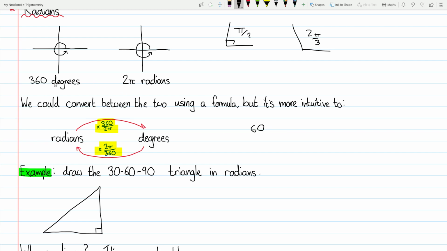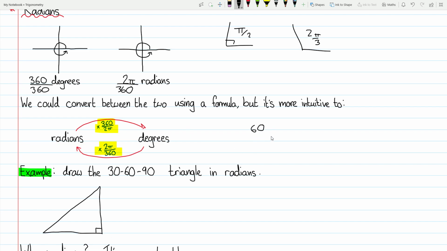If we divide everything by 360, then every 1 degree gives you 2 pi over 360 radians.